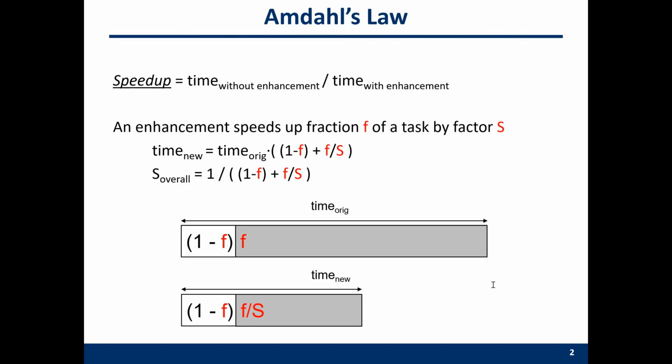But your new floating point unit can reduce this 80% to 8% because you have a 10 times speed up. So when you sum these two terms together, this is the new time. And the original time is of course 1.